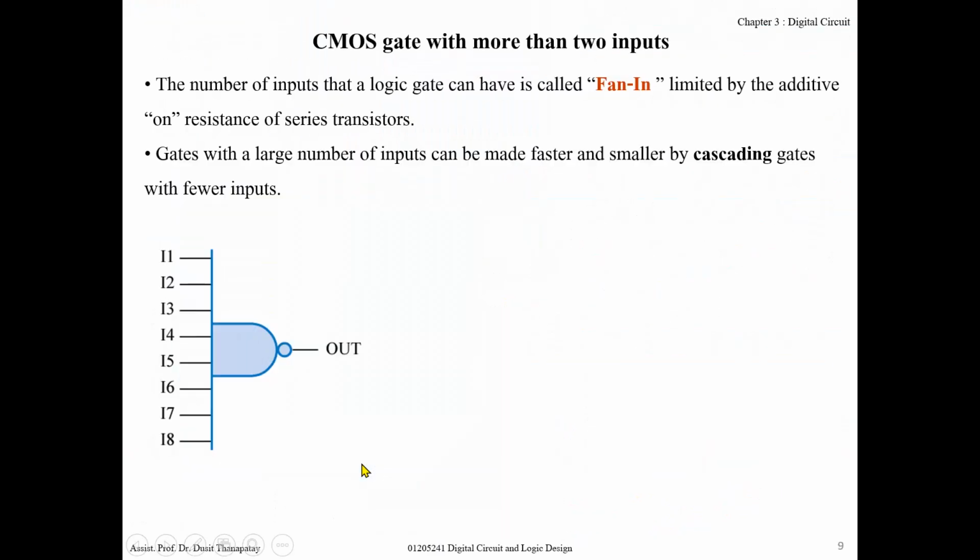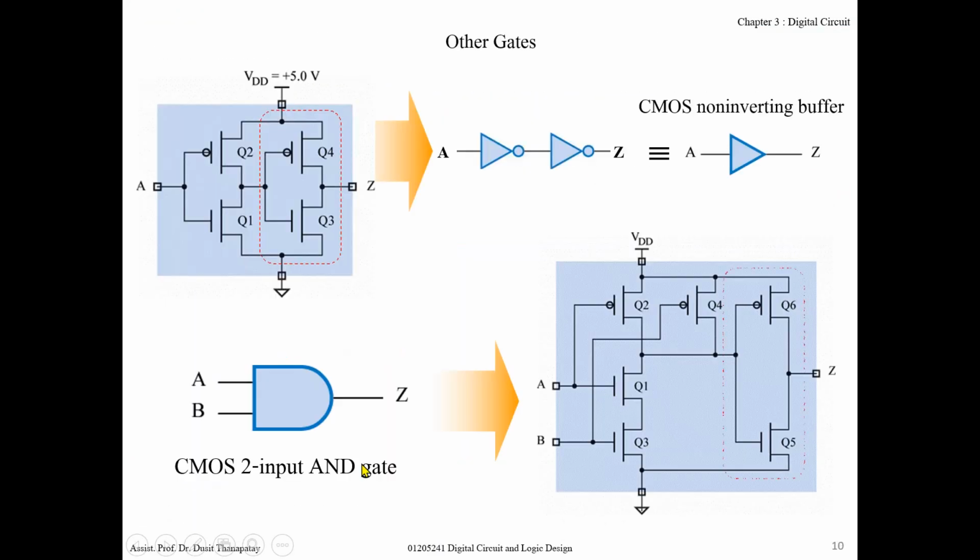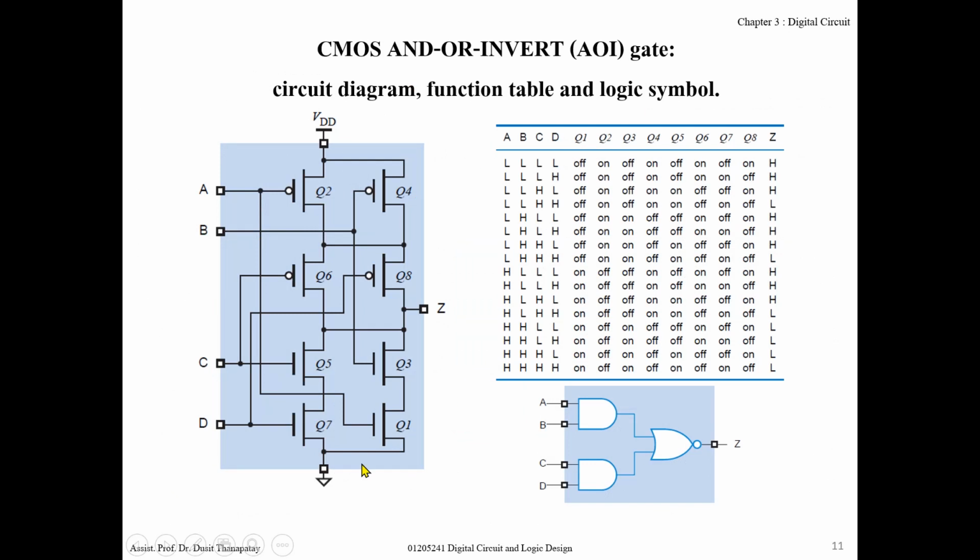So about this circuit, if you analyze by substituting all possible values of the input, you must substitute 16 combinations, right? From 0, 0, 0, 0 until 1, 1, 1, 1.